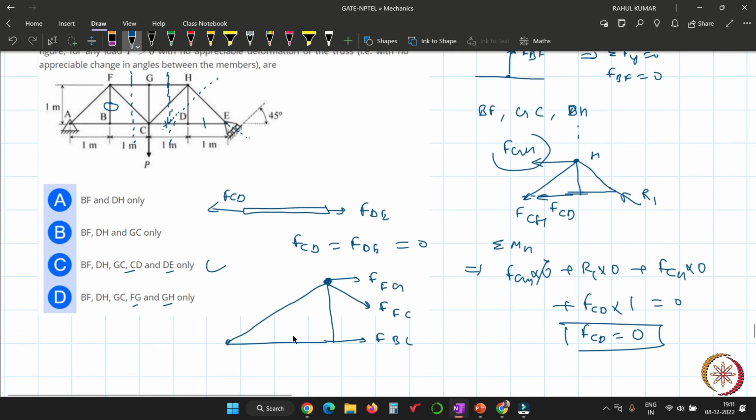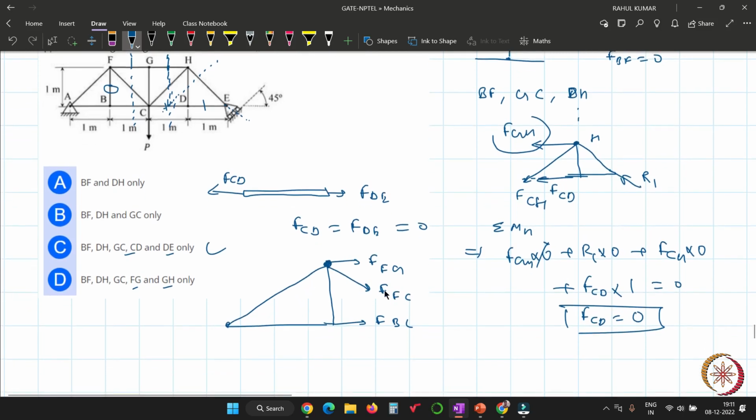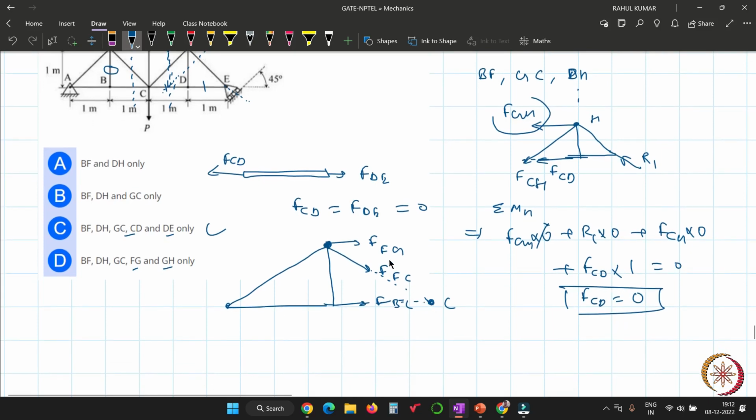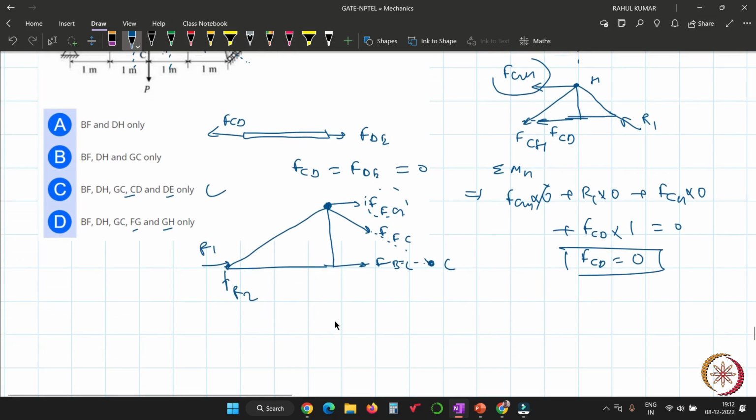Suppose I'm taking the point like this. I'm choosing the point like this, and that is point C. If you apply the moment about this point, then the moment contribution by this force and this force is already zero, and you will have the force only by this member, and there are two more reaction forces, R1 and R2.